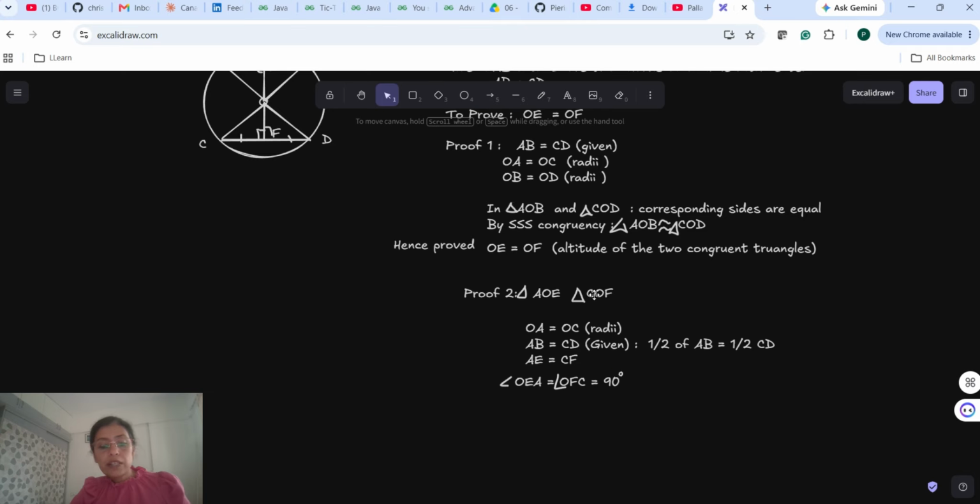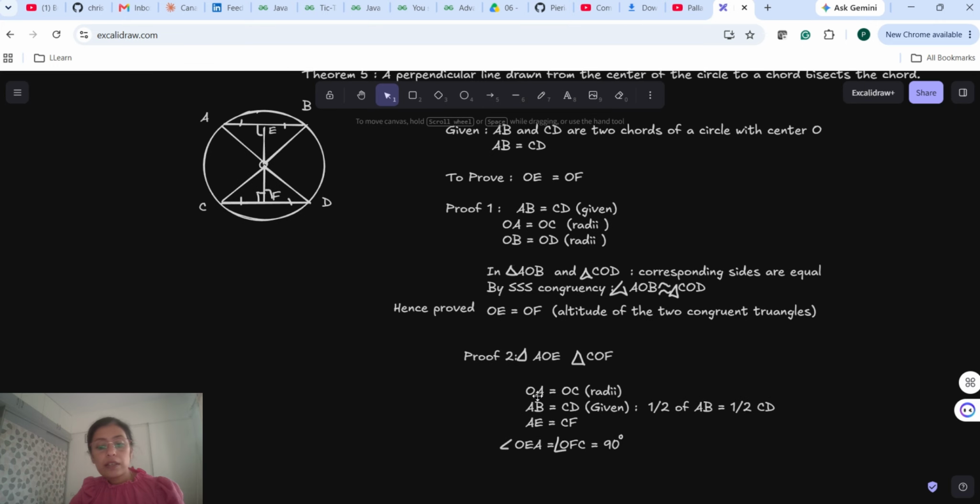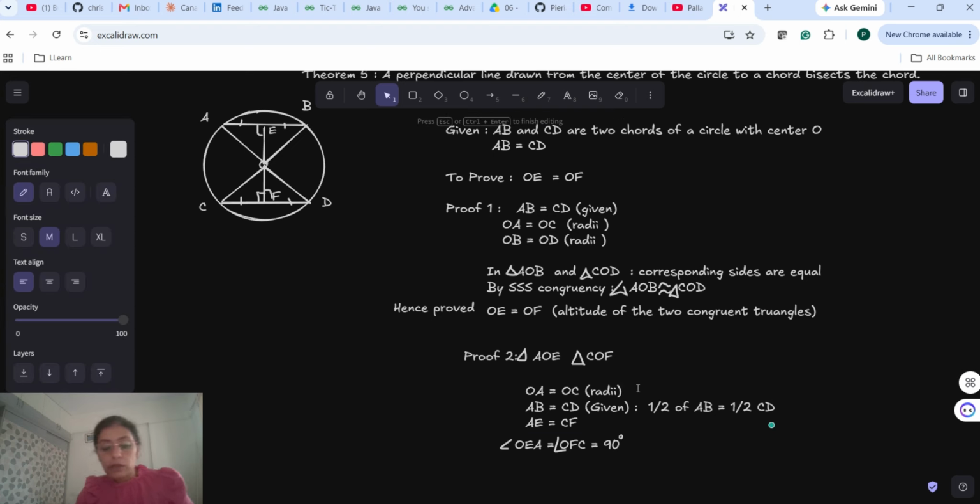So if we consider these two triangles, what do we see? OA and OC are the radius of the circle. They are equal. They are also forming the hypotenuse of the triangles. AE is equal to CF, which are the corresponding sides of the two triangles.